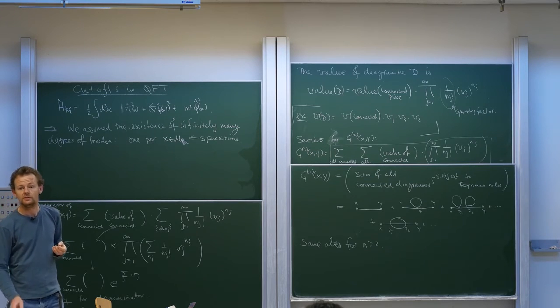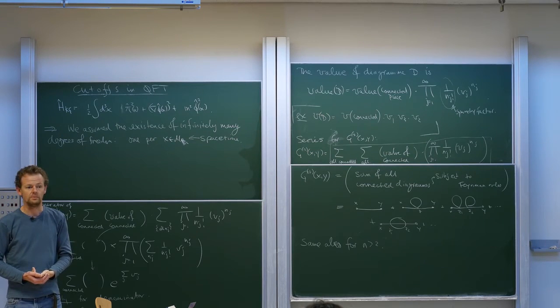We know on really very reasonable and solid physical principles that something's going to go wrong when we get to distance scales of the order of 10 to the minus 34.